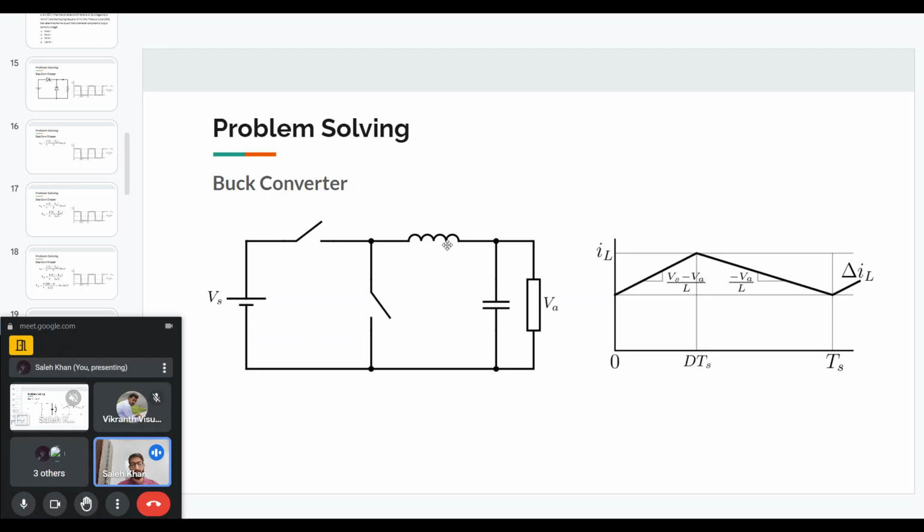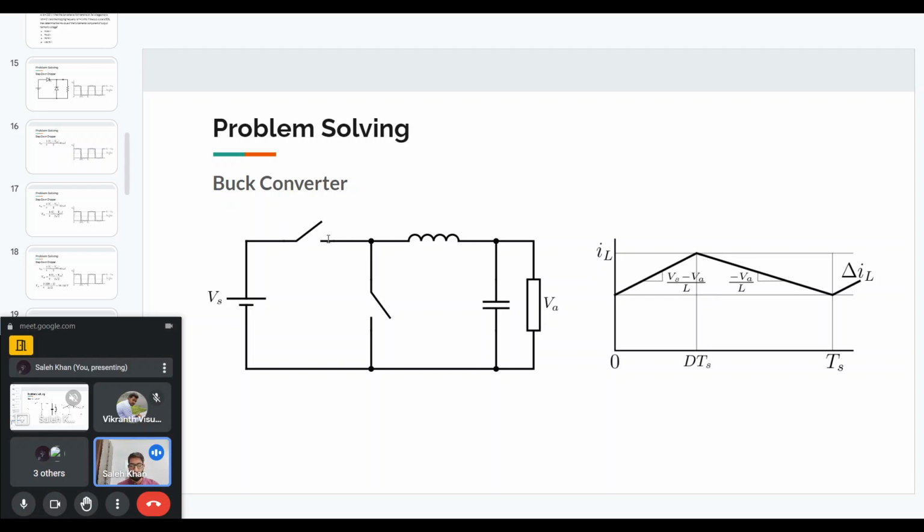So Vin minus Vout or Vs minus Va will be a positive voltage. So when a positive voltage comes across the inductor, current will rise. And here I've shown the slope of the inductor current. The slope will be basically the voltage across the inductor divided by the inductance. So this slope comes from the inductor basic equation, L di/dt.